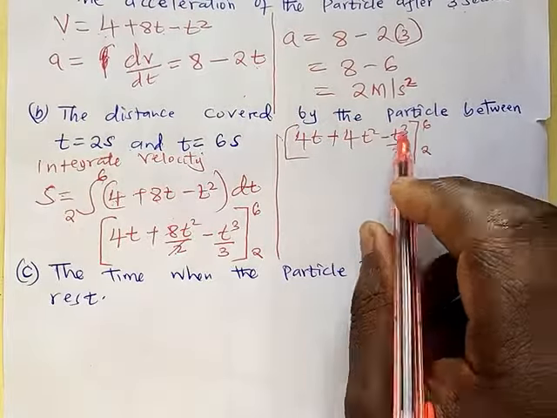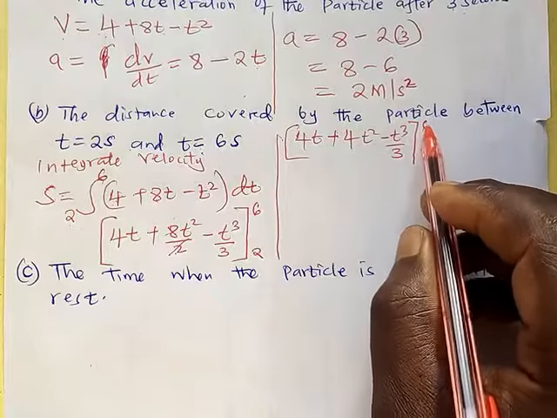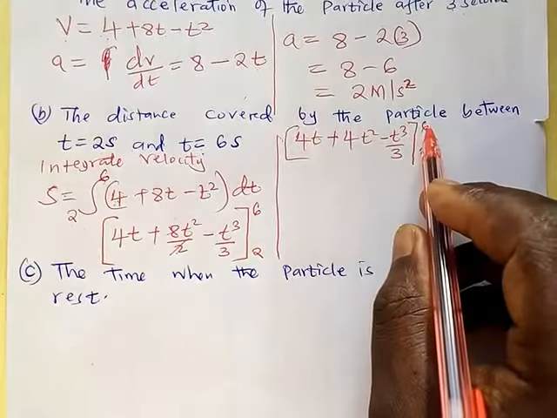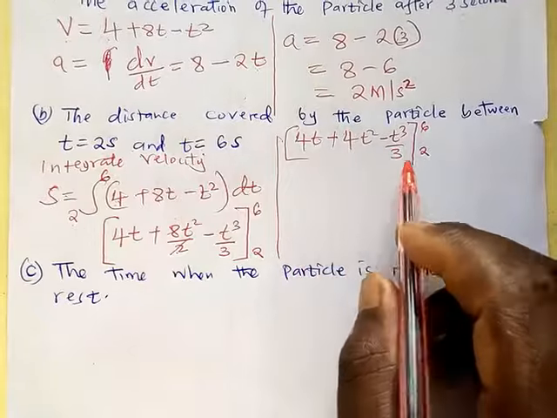So let us now, this one, it is time. Therefore, where we have t, we are going to substitute by 6 and then later by 2.